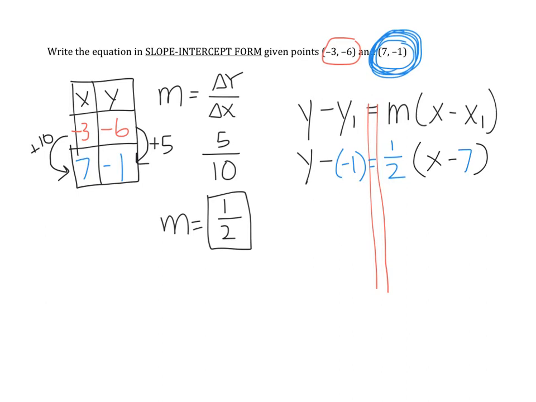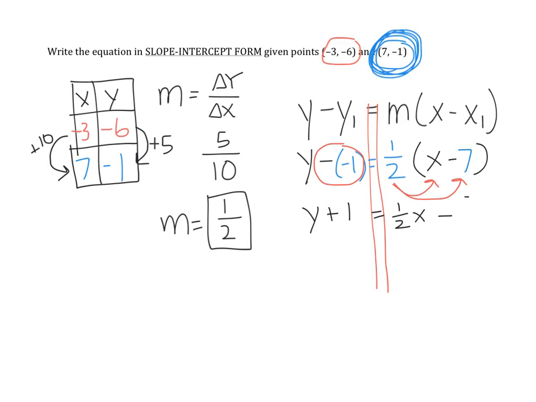I have to multiply 1/2 times x and 1/2 times -7. I'm also going to simplify minus -1 into y plus 1. On this side, 1/2 times x is 1/2 x, and -7 times 1/2 I'm going to leave as an improper fraction.